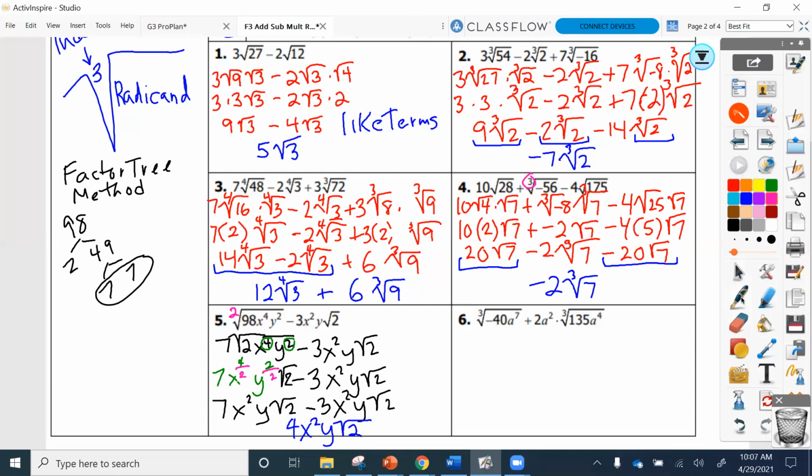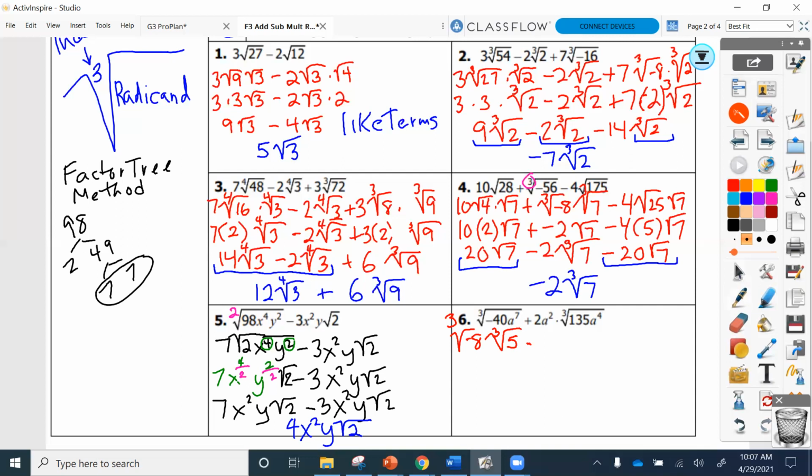Okay, let's see, next problem. Let's see, 40 would be 8 times 5, and we know that 8 is a perfect cube, right? So we're going to rewrite this as the cube root of negative 8. Make sure that cube root shows up clearly. Times the cube root of 5 times, now we're going to take a to the 7th.